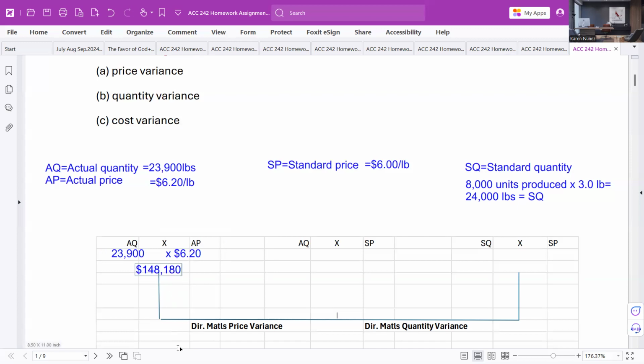That's the actual cost of those materials. Now, what should those materials have cost? If we actually use 23,900 and the standard price for a pound is the $6, then what it should have cost is 143,400.